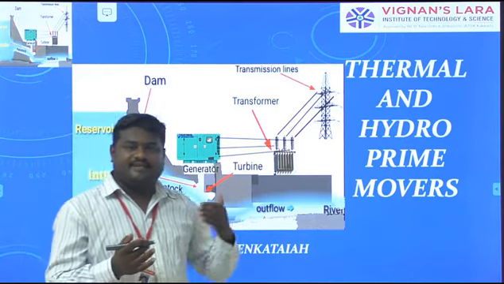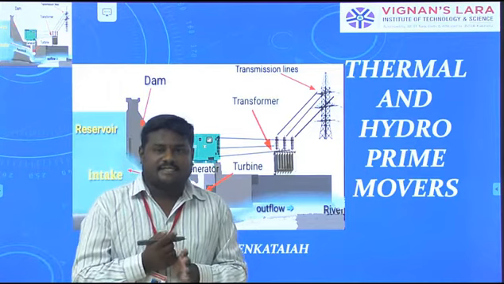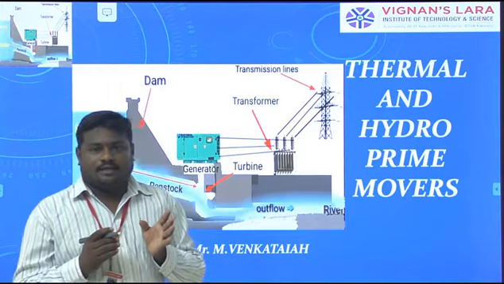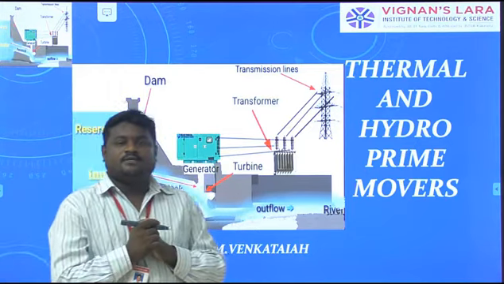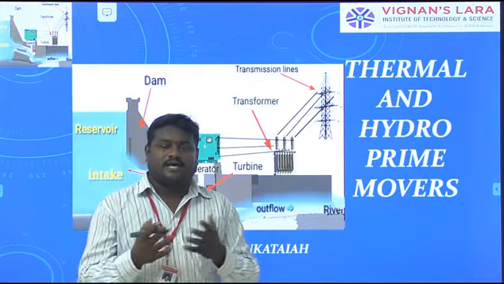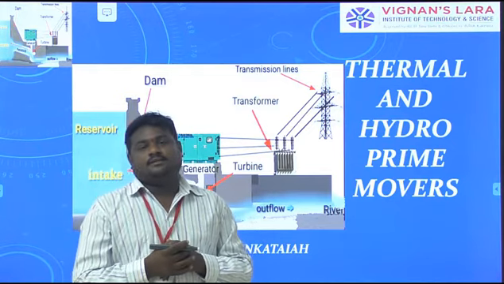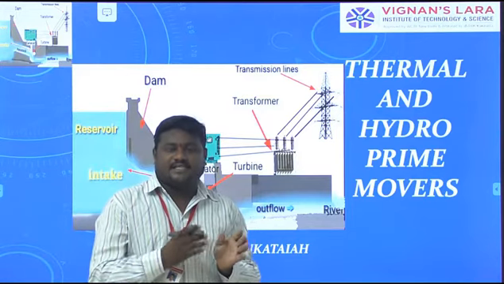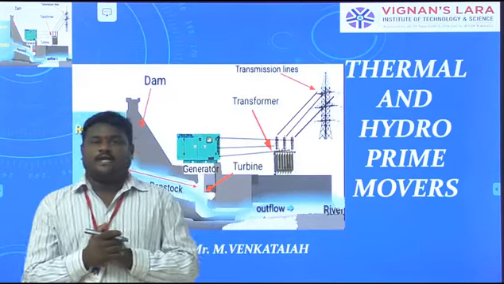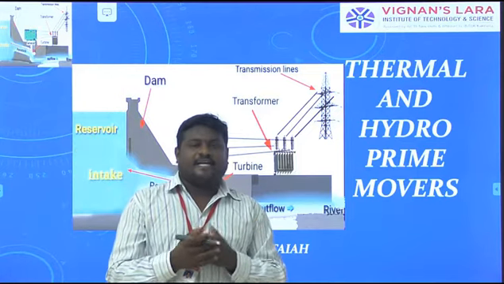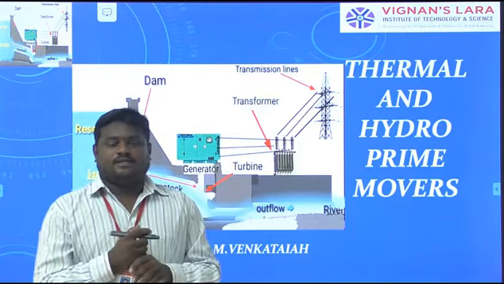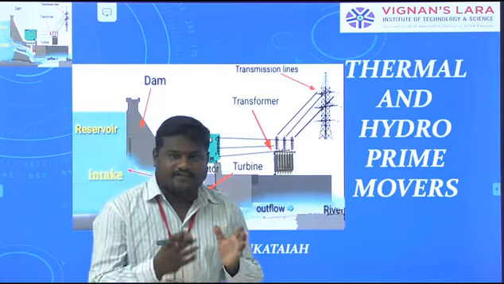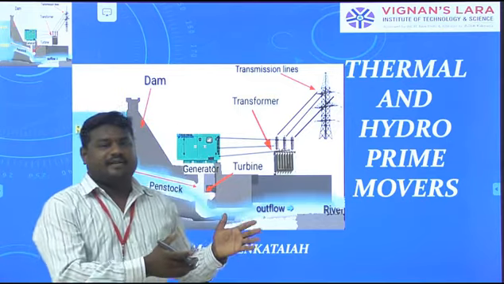In the previous classes, what I discussed first is the thermal prime movers. The thermal prime movers have 3 units. The first unit is IC engines, that is internal combustion engines. The second unit is the steam turbines, with different types of turbines, that is impulse turbine and reaction turbine.